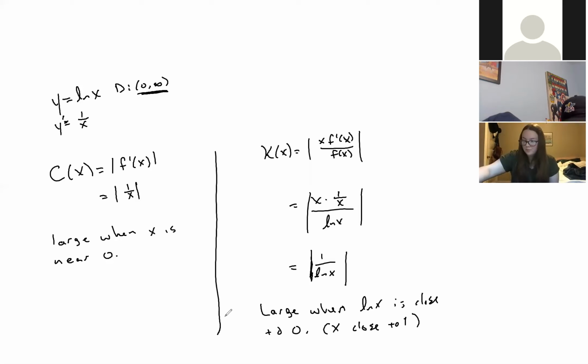So for the relative, you're asking about this part, natural log of x close to 0. It can get close to 0 from the left or the right.